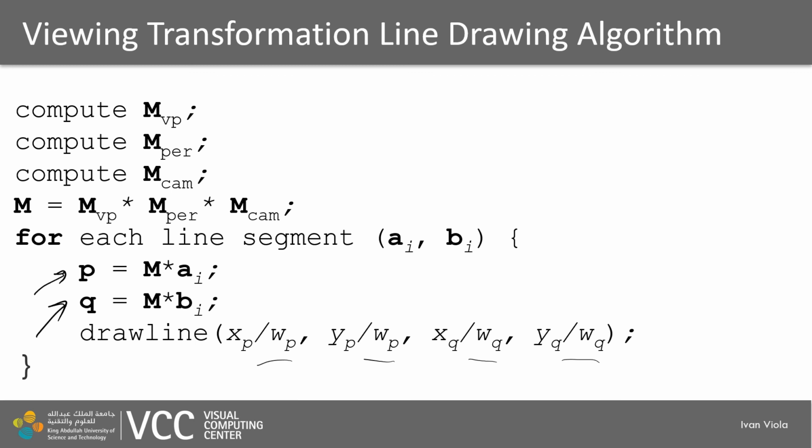So this division is actually realized at the very end of the pipeline, not when the perspective projection is applied, but we are carrying on a non-one last component of this homogeneous coordinate until the very end of the computation, after we apply the viewport transformation. And then finally, before we draw these points or the primitives which correspond to these points, we divide the coordinates by the last coordinate value.